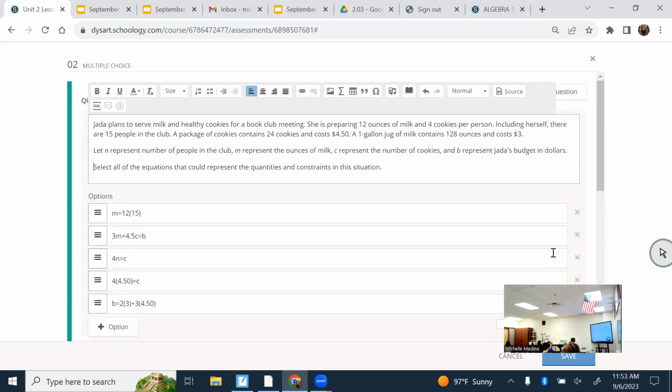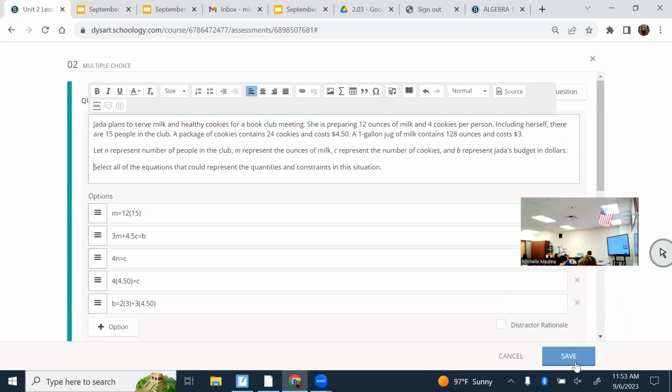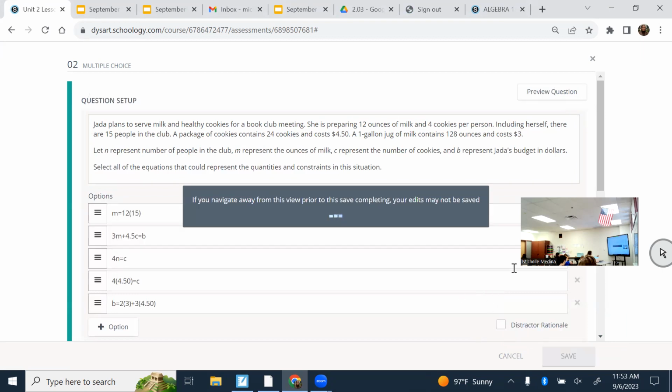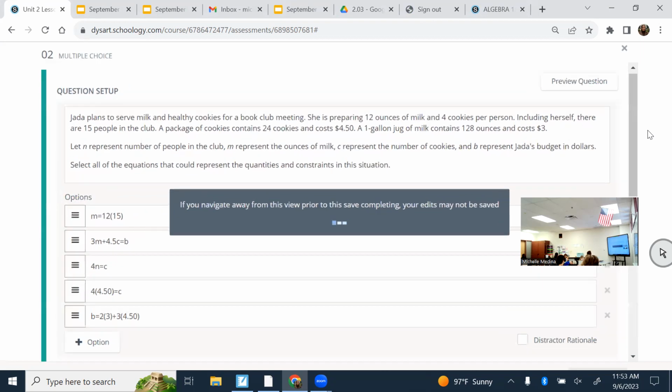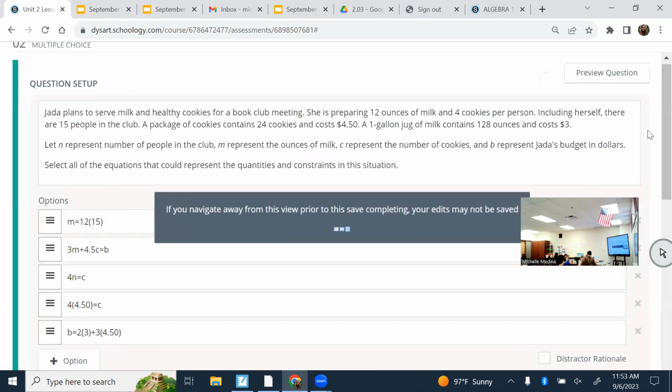Okay, so really this one is like, can you read carefully or not? So we'll just go down the list, and it's saving, so it's taking a while. But the very first one says M equals 12 times 15.